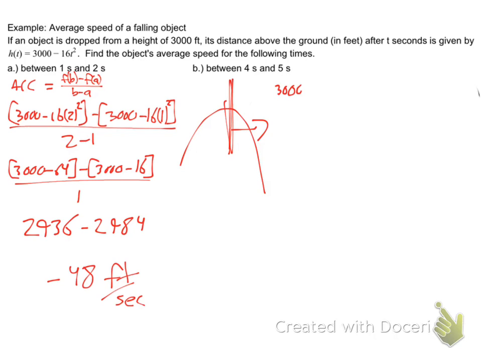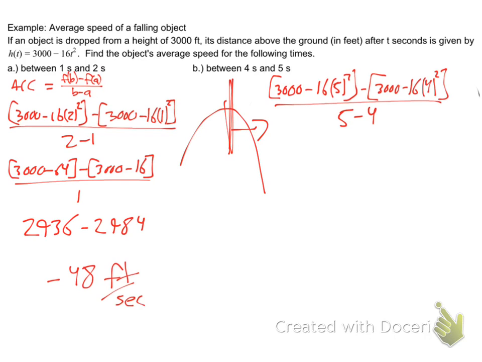So it'll be 3,000 minus 16 times 5 squared minus 3,000 minus 16 times 4 squared all over 5 minus 4, which is again 1. 3,000 minus 5 squared, 25 times 16, 400, minus 4 squared, 16. 16 times 16, 256 all over 1.